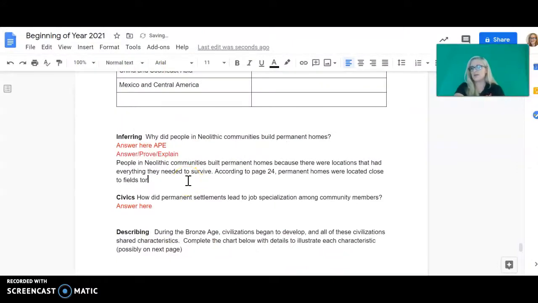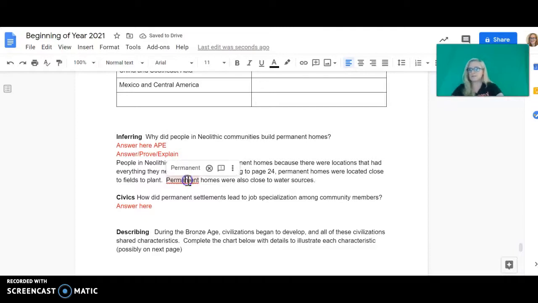Fields to plant. Permanent homes were also close to water sources. Do I have two pieces of evidence as to why they would put their location in the village? Food and water were the two reasons, so I'm set with my evidence.